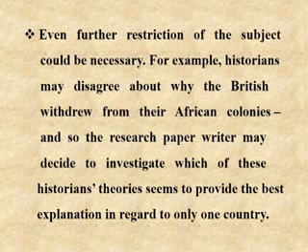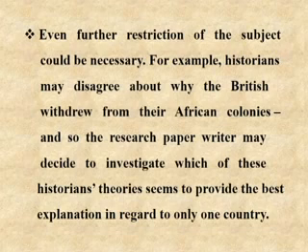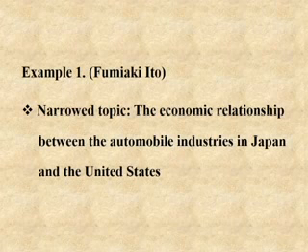For example, historians may disagree about why the British withdrew from their African colonies, and so the research paper writer may decide to investigate which of these historians' theories seem to provide the best explanation in regard to only one country. Example 1.